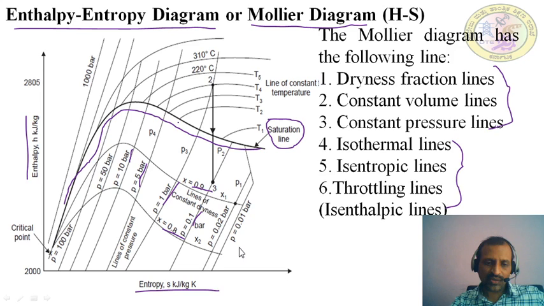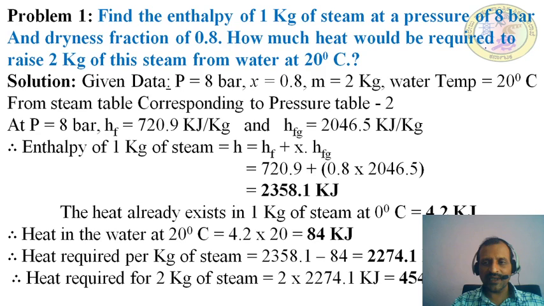Problem 1: find the enthalpy of 1 kg of steam at a pressure of 8 bar and a dryness fraction of 0.8. How much heat would be required to raise 2 kg of this steam from water at 20 degrees Celsius, right?